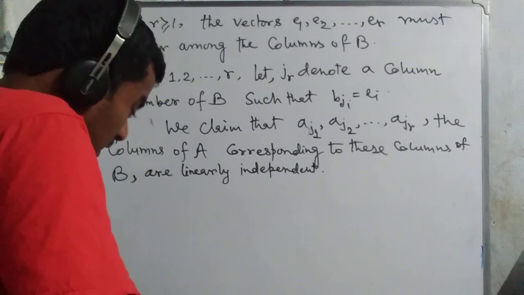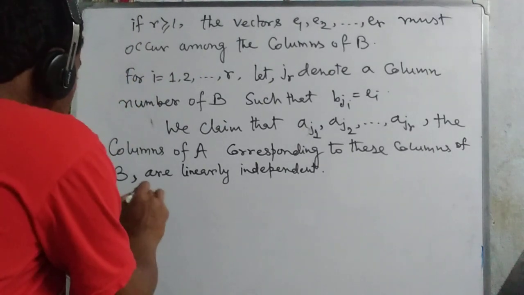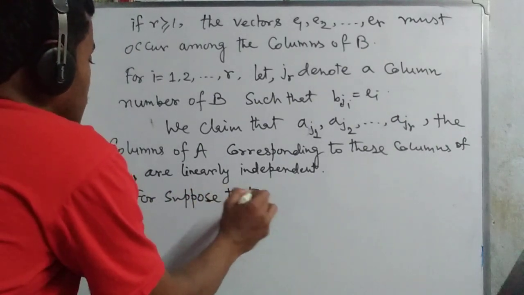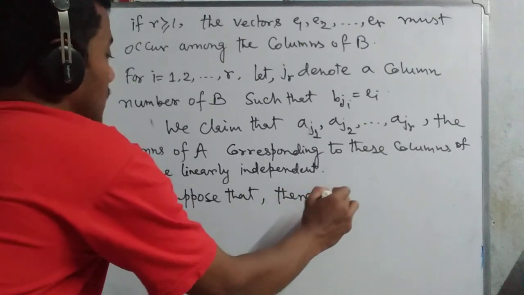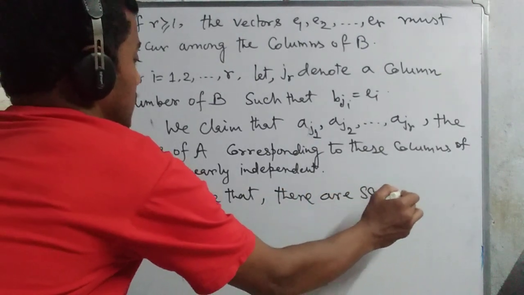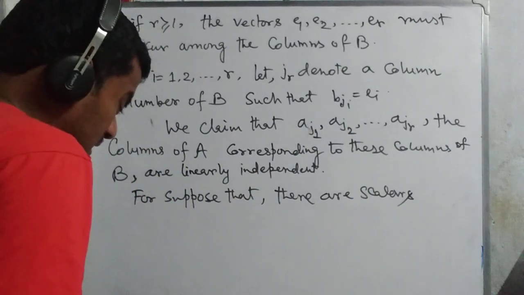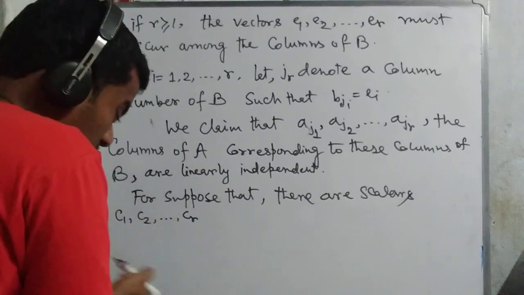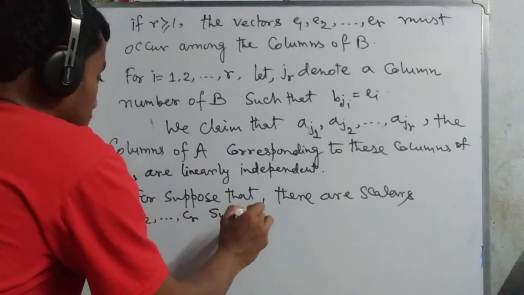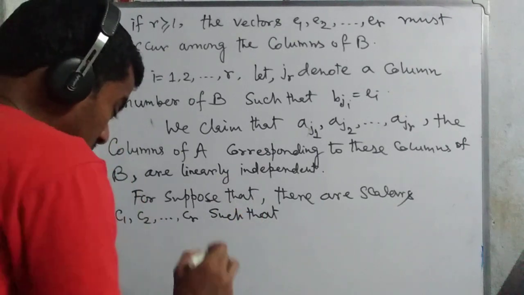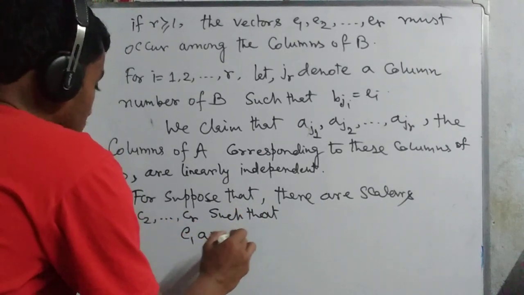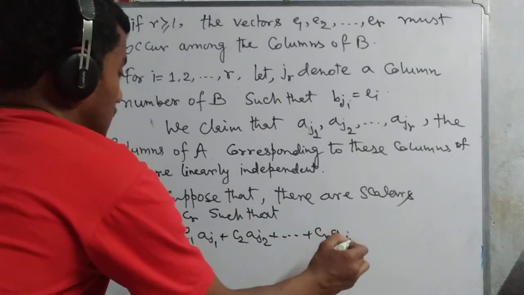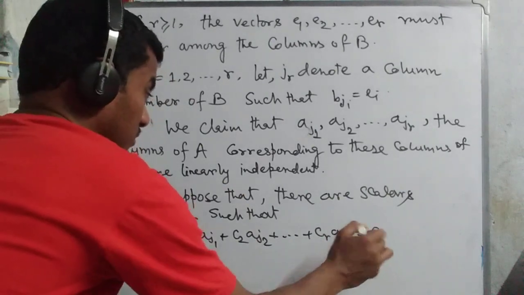For suppose that there are scalars c1, c2, ..., cr such that c1 a_{j1} + c2 a_{j2} + ... + cr a_{jr} equals 0.